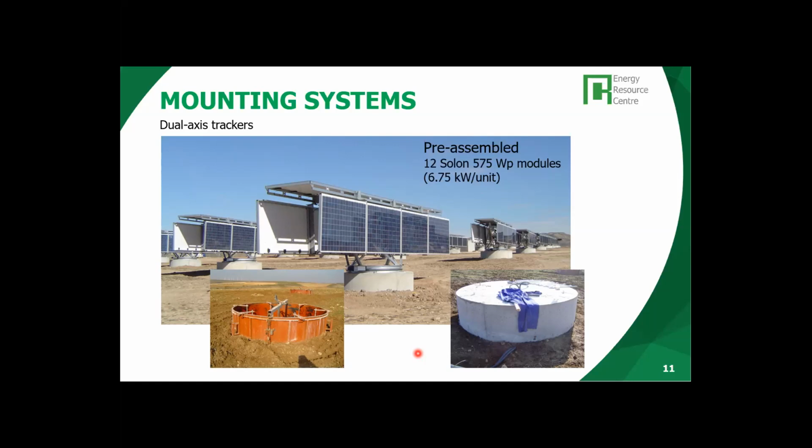The manufacturer was Solon, a German company. They were the largest PV panels ever made, and arrived at a power of 775 watts peak each panel.